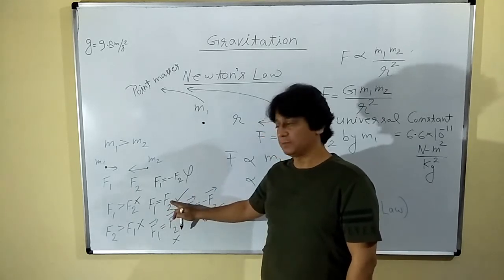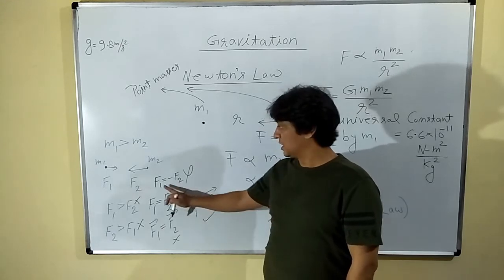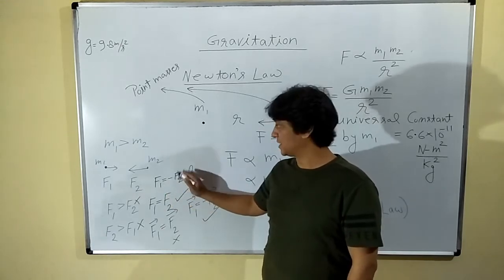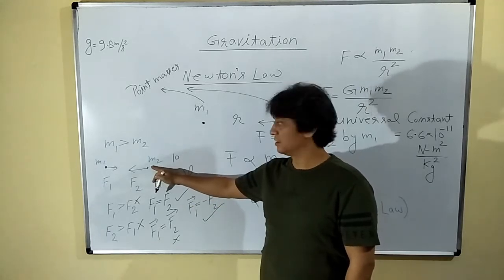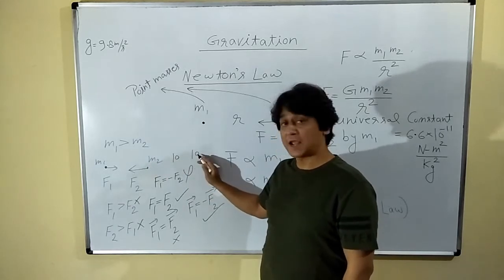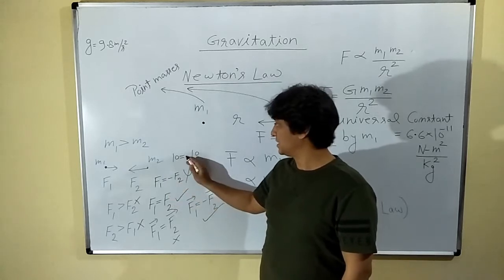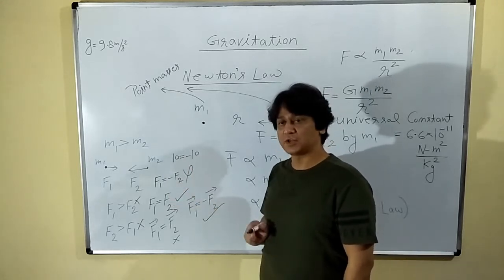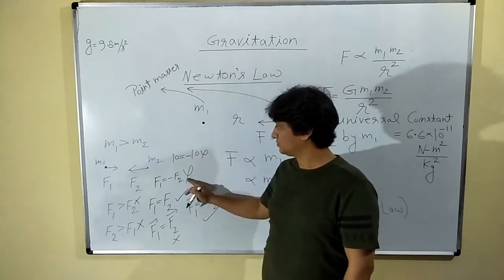Magnitude wise they are same, direction wise they are opposite. It says something like this. Suppose force on M2 is 10, force on M1 is 10. Then what is correct? 10 equals to 10. But this option says 10 equals to minus 10, which is not correct and therefore wrong.